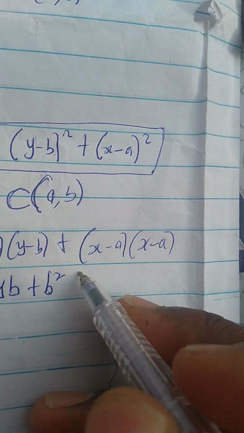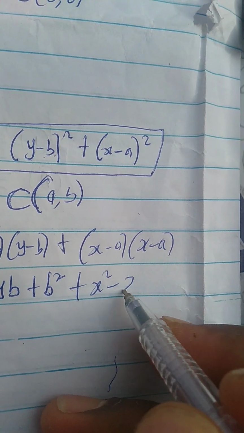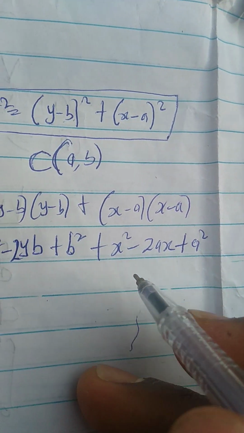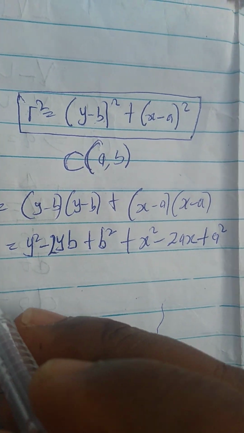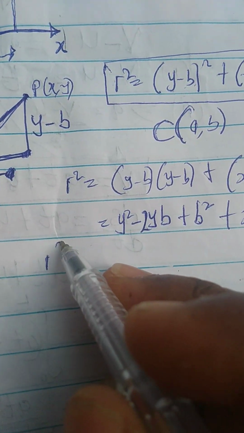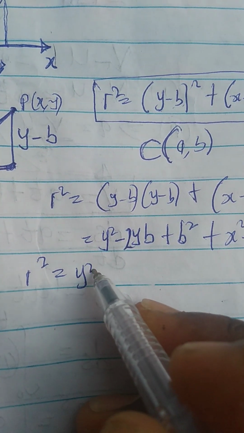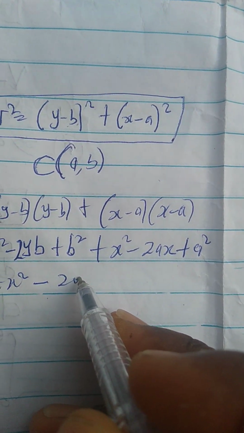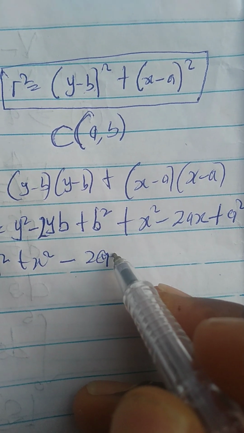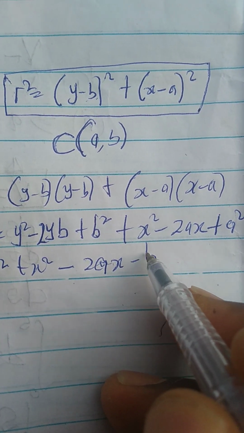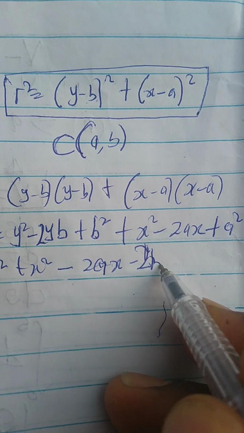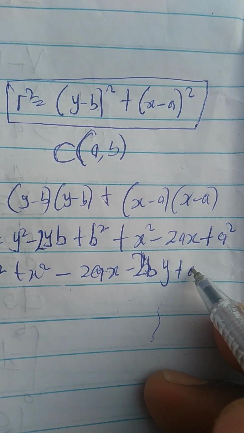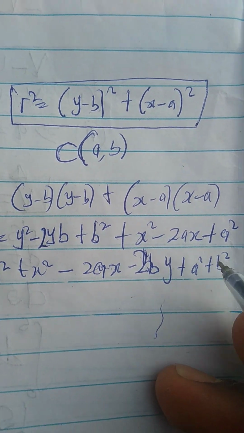When we open the other one, we are going to have x squared minus 2ax plus a squared. Now, by collecting like terms, we have r squared is equal to x squared plus y squared minus 2ax minus 2by plus a squared plus b squared.